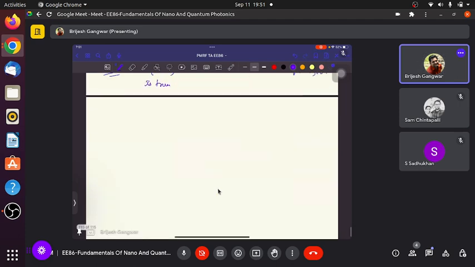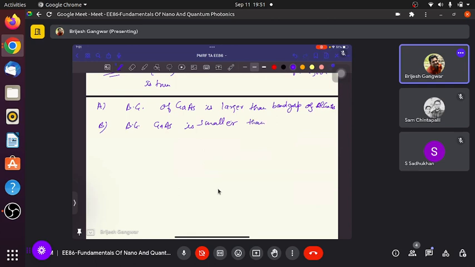So we have a statement like A: band gap of gallium arsenide is larger than band gap of aluminum gallium arsenide. B: band gap of gallium arsenide is smaller than band gap of aluminum gallium arsenide.